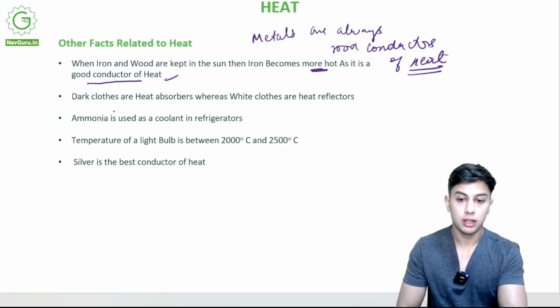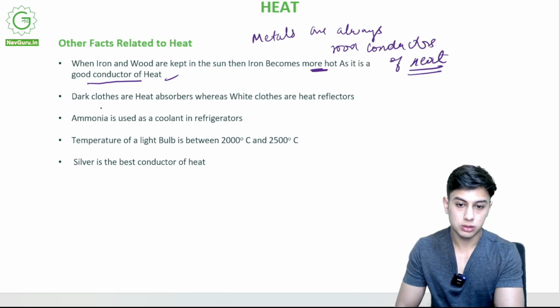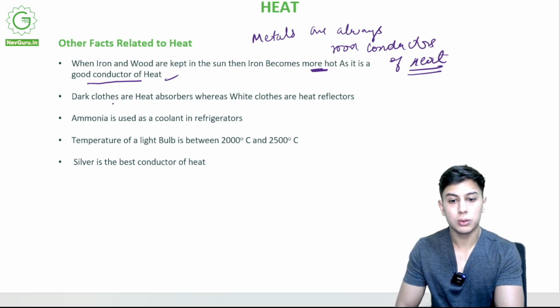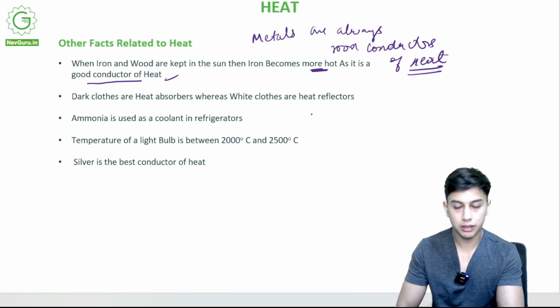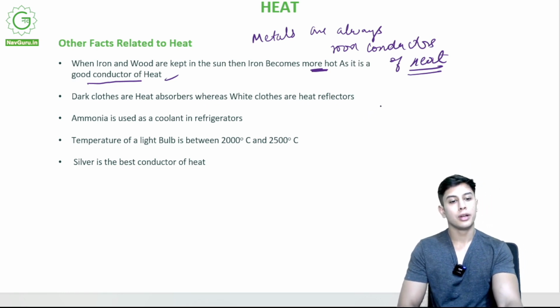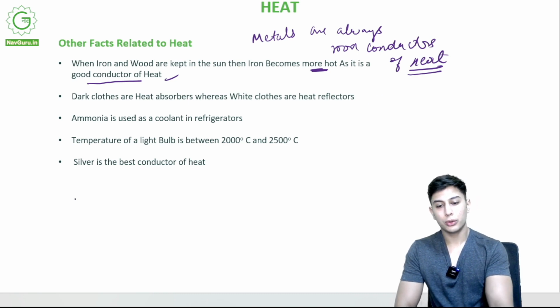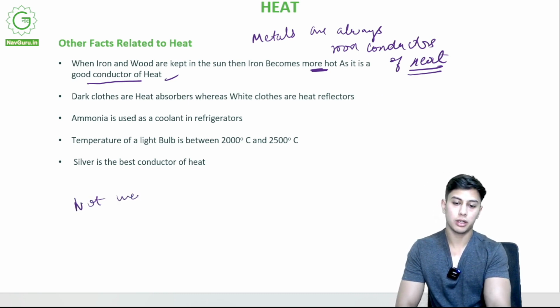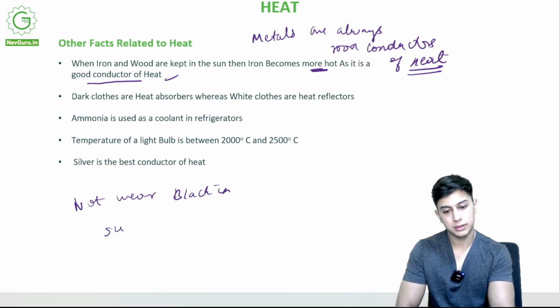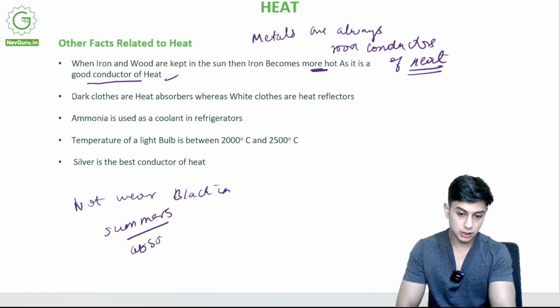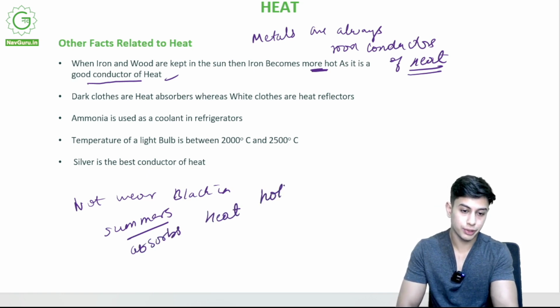Alright. Now we come to dark clothes. Dark clothes are heat absorbers, whereas white clothes are heat reflectors. If you've seen, your mom would tell you to not wear black in summers. Why? Because it absorbs heat and it becomes hotter for you.